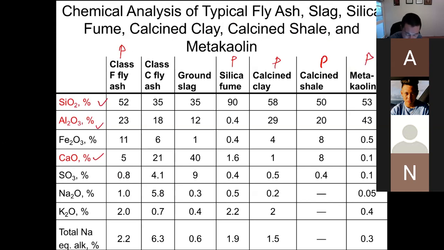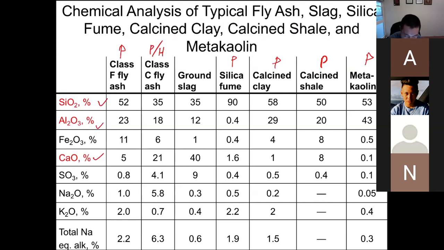Some of them have both pozzolanic properties and hydraulic properties, or we call that cementitious properties, which means they can form CSH by themselves.